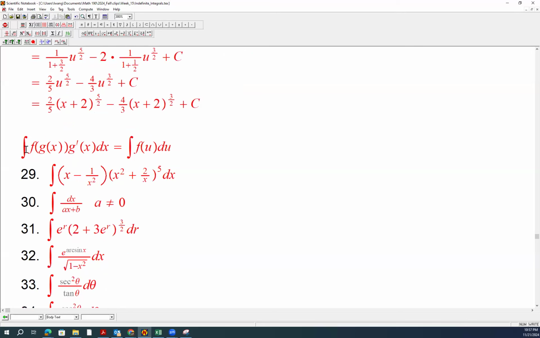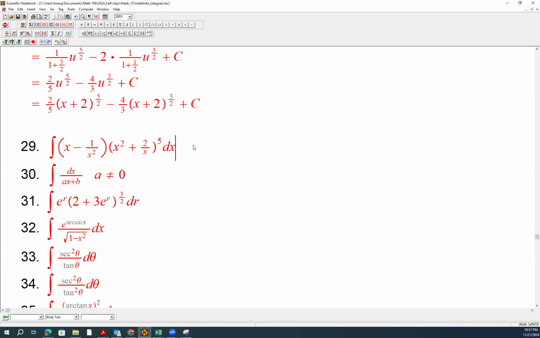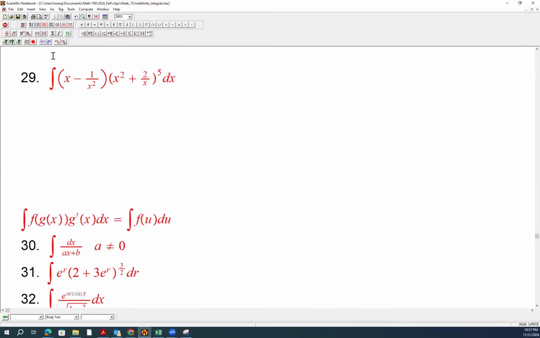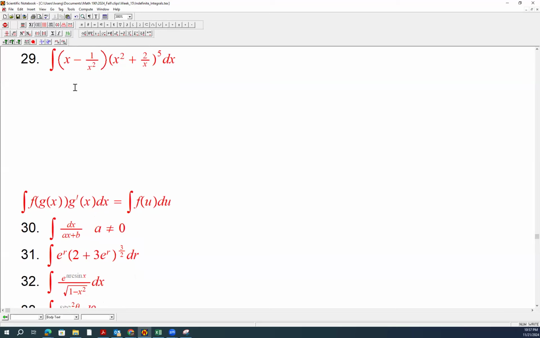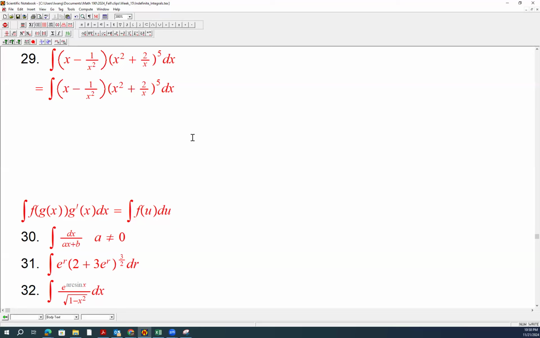Number 29. How are we going to substitute? Right, so I'm copying this whole thing here. So we're going to figure out how we're going to substitute.